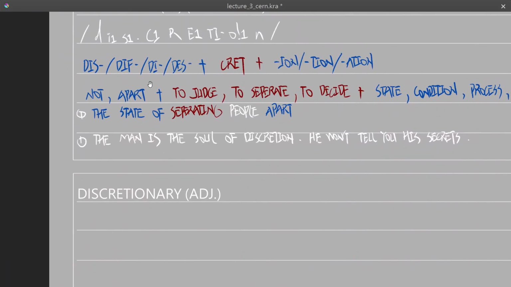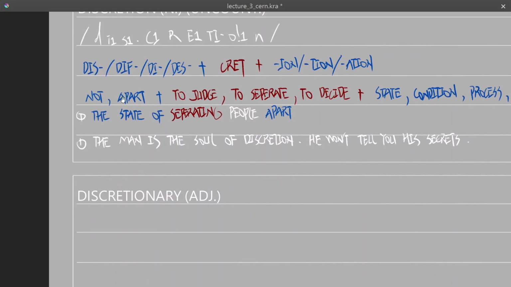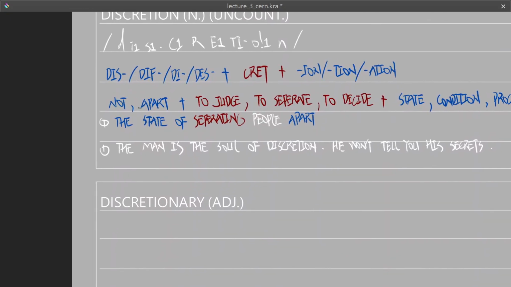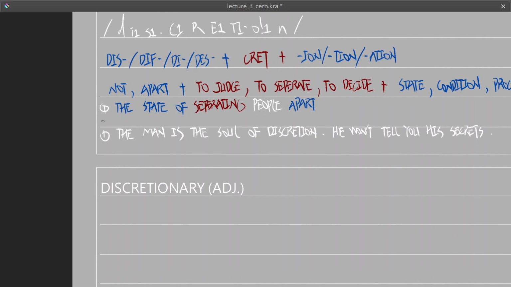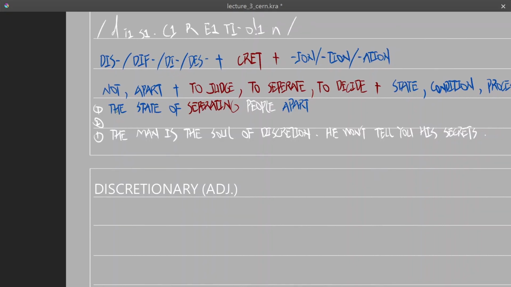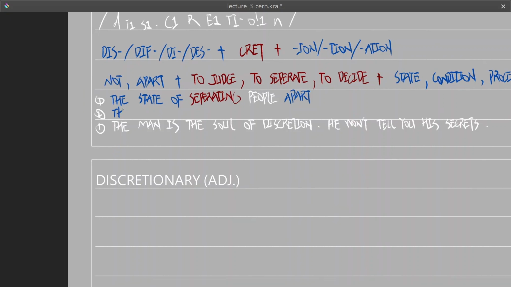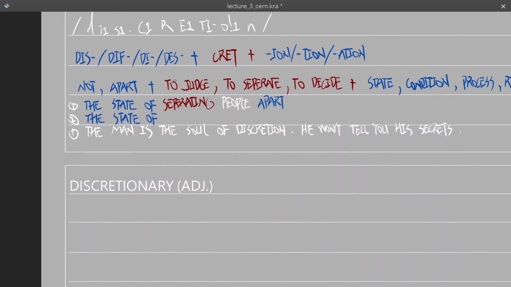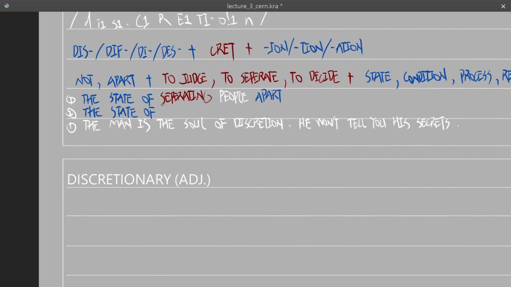Good. Now we have the second meaning, something relating to judgment. So the state of judging something.